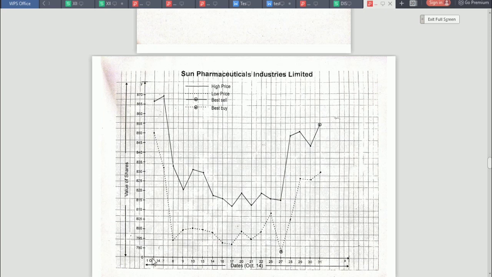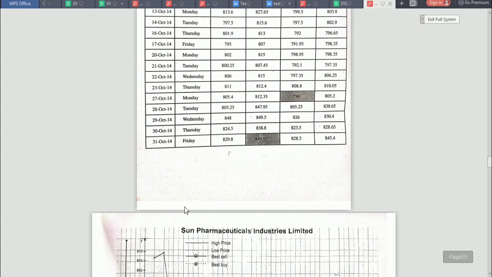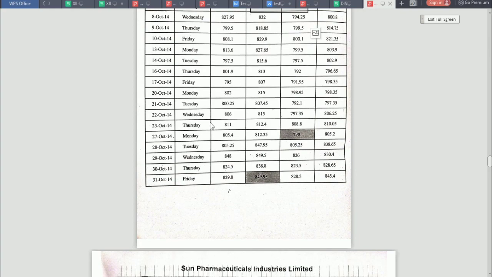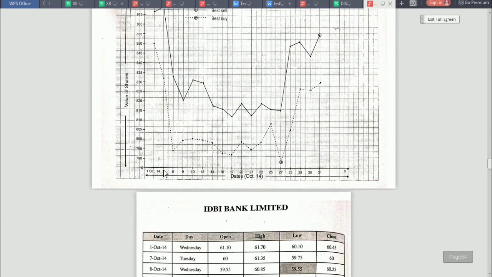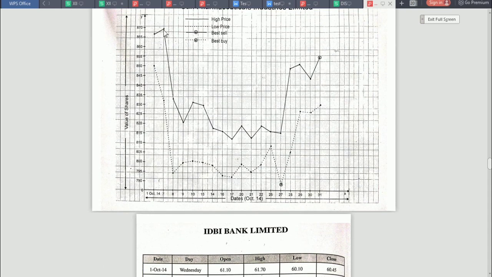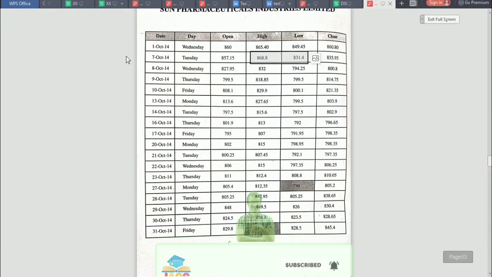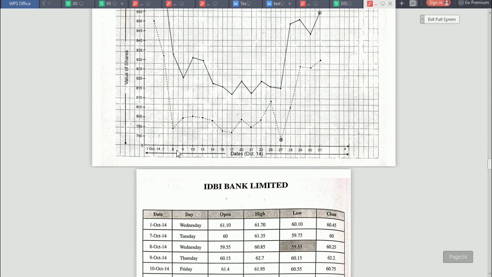Now I'll go to the next date, which is 7th of October. On 7th October it was 868.8 and 831.4. So 868, 831. These two dots I have put. Next date is 8th October, 832 and 794.25.